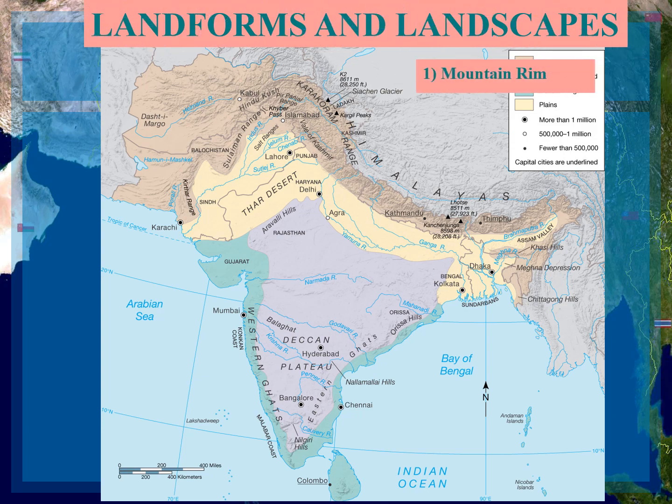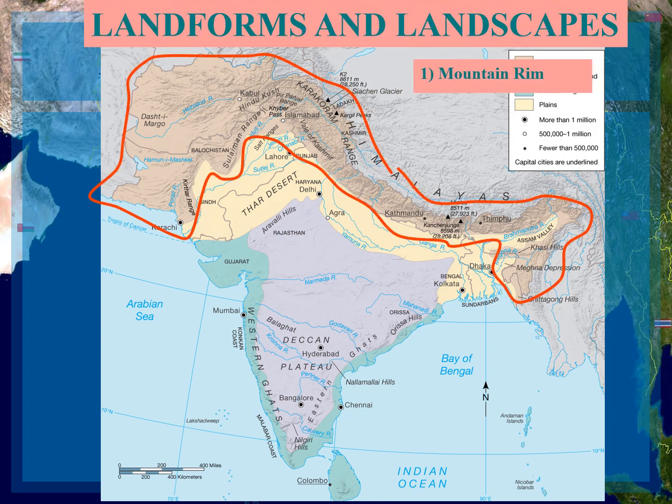So starting out talking about the mountain rim, as we already mentioned, the Himalayan mountains, but there are several ranges within our Himalayan mountain area. So the Himalayas are kind of like the broader term for this, but we also have the Karakoram Mountains, the Hindu Kush Mountains.